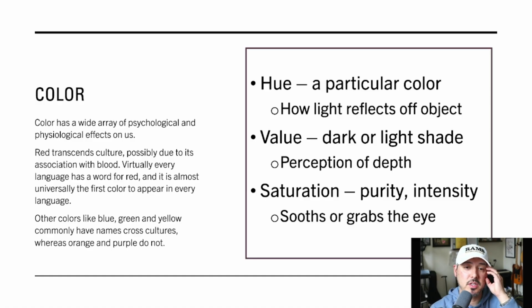It might be because of the association with blood, but every culture has a word for red. And then other colors like blue and yellow tend to come along later, if at all. There are a lot of languages, even today, that do not have words for orange or purple. In fact, those words, even in the English language, were very rare until relatively recently in human history.